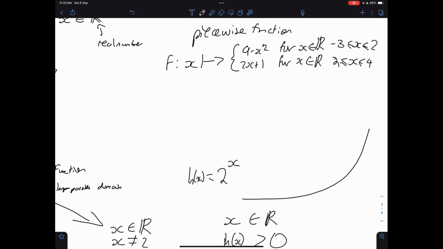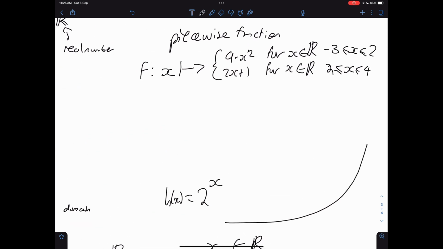You may be asked to draw it, but essentially you just work out what each of these are and then plot them on the graph.